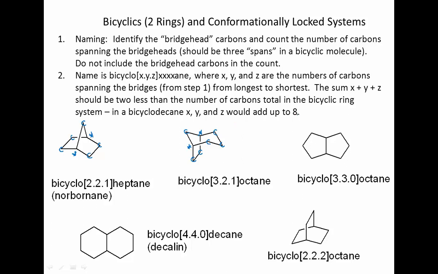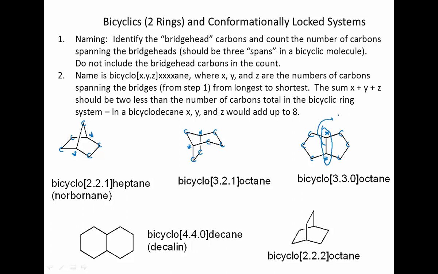Okay, here's one that's a little different in that one of the spans really doesn't have any carbons in it. So here we have a 3 carbon span, an identical one here. And notice that the bridgehead carbons are directly attached to each other.